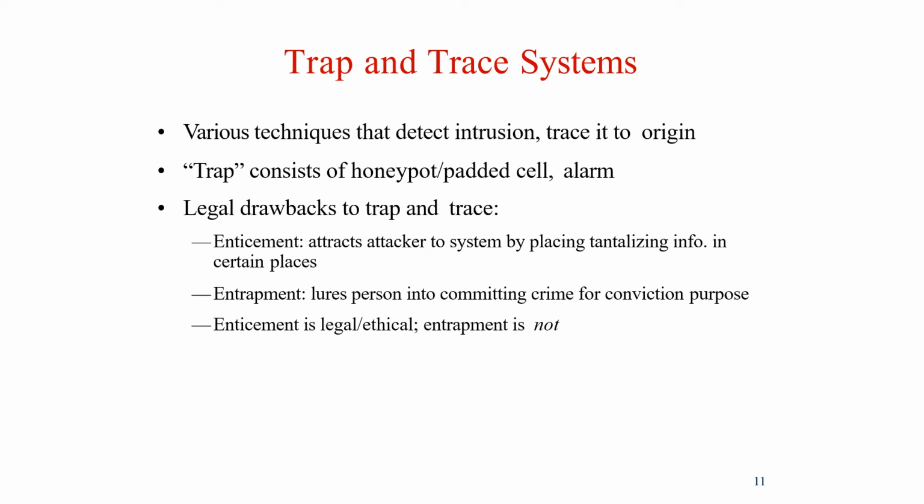Trap and trace systems. Various techniques that detect intrusion and trace it to the origin. A trap consists of honeypots, padded cells and an alarm system. Legal drawbacks to trap and trace are: enticement, which attracts an attacker to the system by placing tantalizing information in certain places.